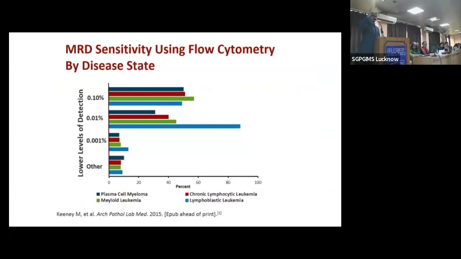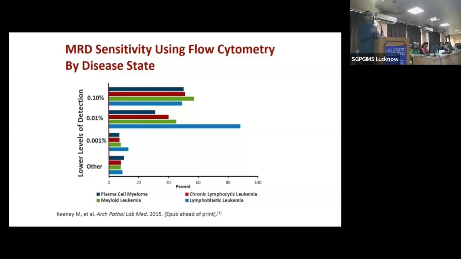Different diseases have different uses. In fact, we have four groups of diseases: myeloma, myeloid leukemia, lymphocytic leukemia, and lymphoblastic leukemia. And in all four diseases, the MRD is being used. But definitely ALL was the one disease where we reached a sensitivity of 0.01%, even less than 0.01.